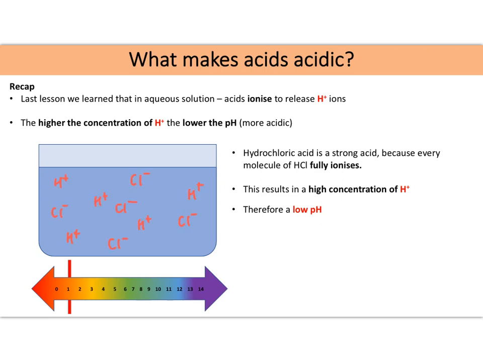And that's what I've just tried to represent. So any of the hydrogen chloride gas that we dissolved in this water, all of it would have fully ionized into H plus ions and Cl minus ions, and that would give us a low pH. We'd end up with something with a pH of around 0, 1 or 2, depending on the concentration.